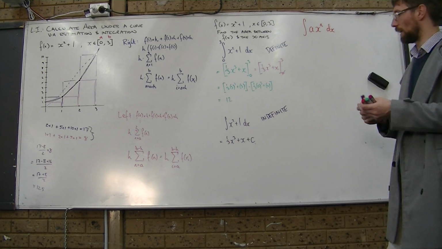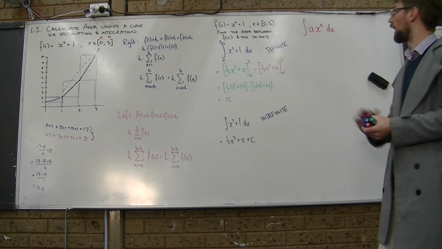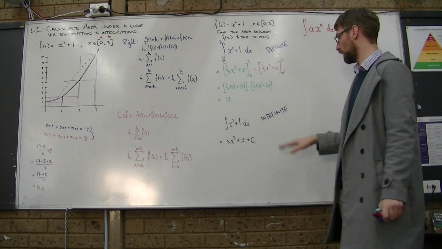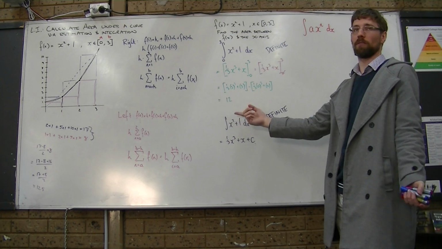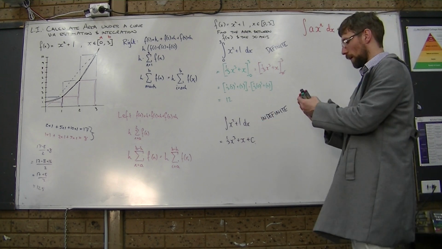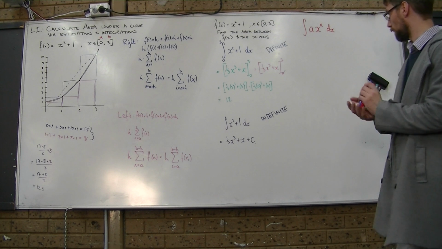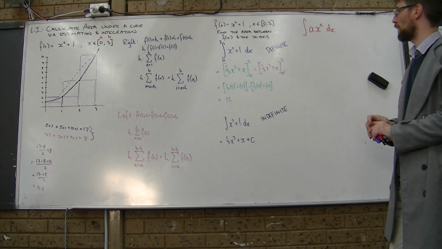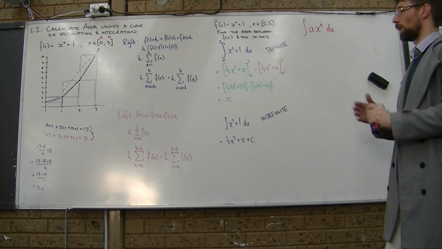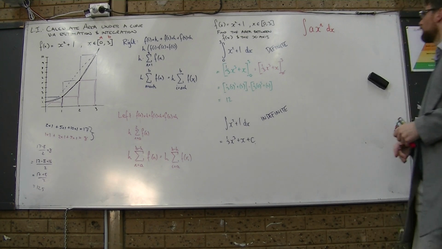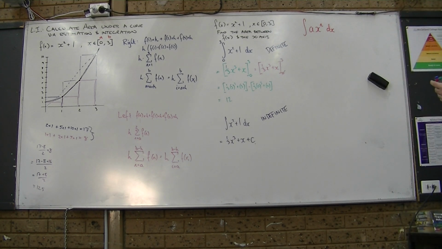Why is it called definite and indefinite? Right, definitely it's between this and this. Indefinite means I don't know where it is. Right? You can also have improper integrals where you've got infinities involved, which can make sense depending on the context. It just reads as the limit as it approaches infinity. So that's good.